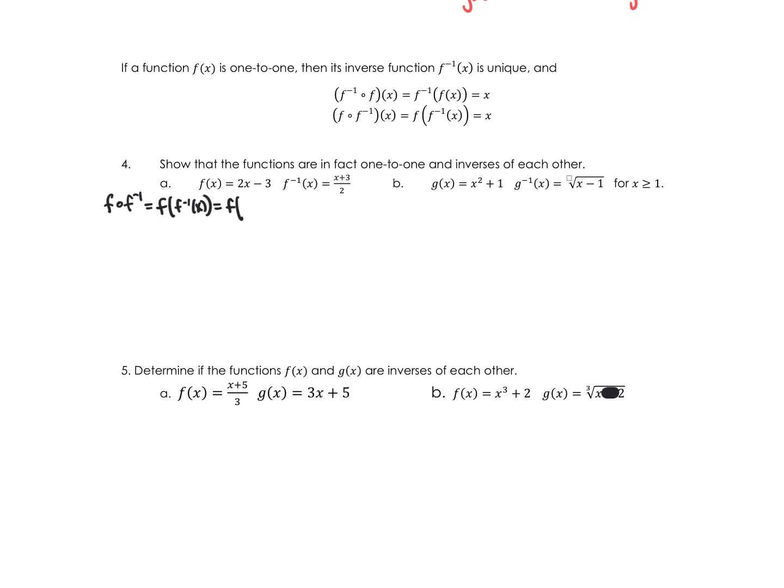So we're going to plug that into F here. Remember how we do compositions? You plug that in. Right now we can't find a value for F inverse, so we have to put the whole equation in there. This says we're going to take the F equation and plug x plus 3 divided by 2 into the F equation. That's what a composition says. So we're going to take the F equation, that's this guy right here.